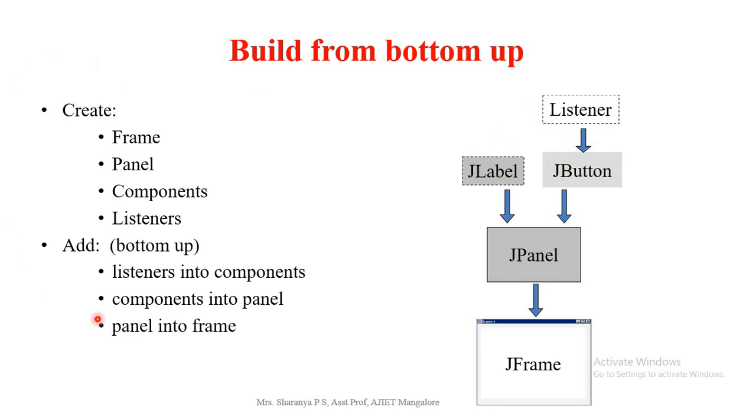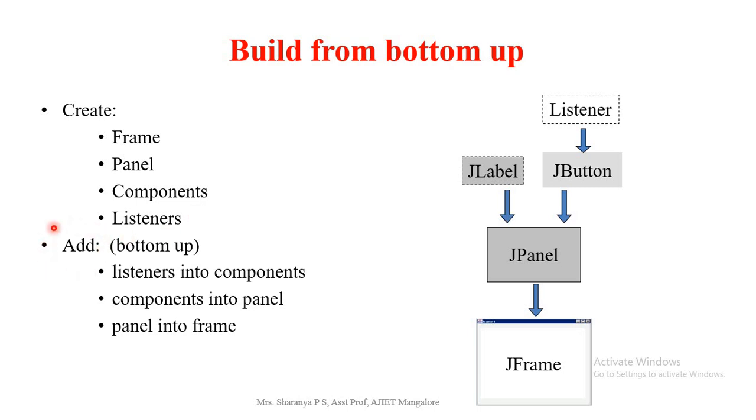So as a summary, how we need to create the GUI is, first we have to create the frame and then we can set a panel inside the frame which will display the content, and to the panel we have to add the components, and to the components we have to add the listener, in the sense event handling methods.